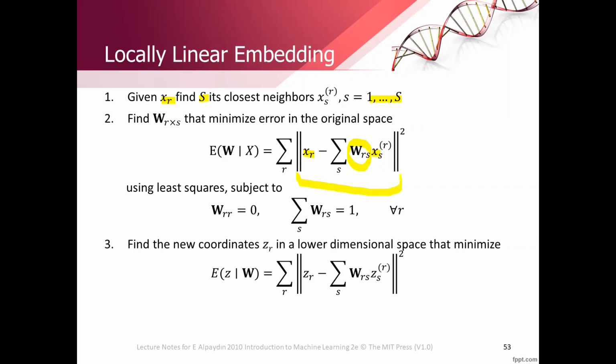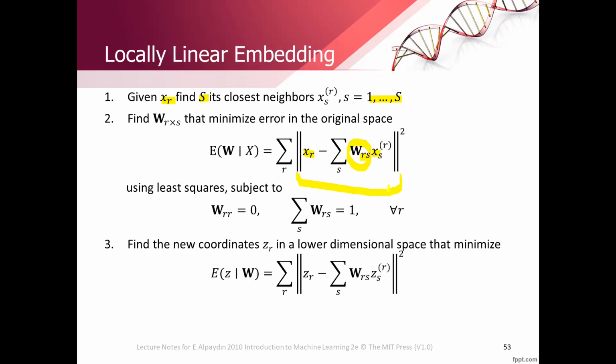What does it mean? It looks complicated, but actually it says the observation XR should be expressed as the linear combination of the closest neighbors. This is all. WRS here are just the coefficients used for weighting the contribution of the closest neighbors.